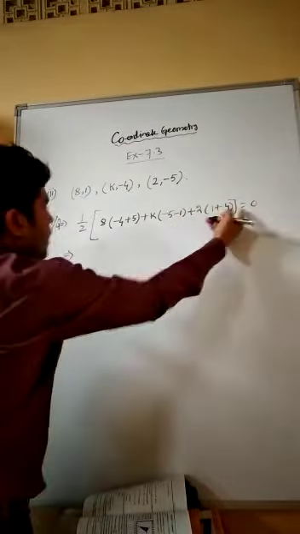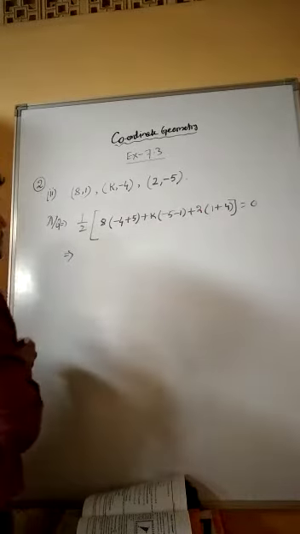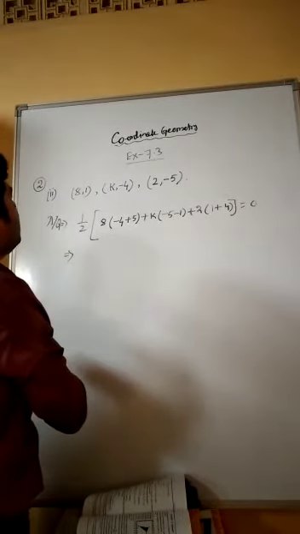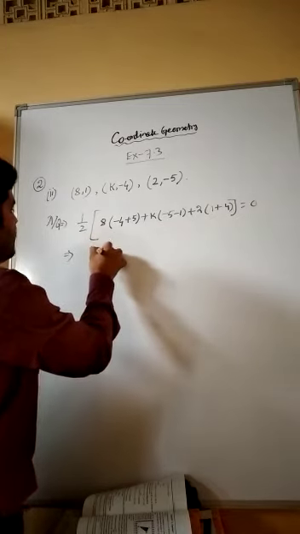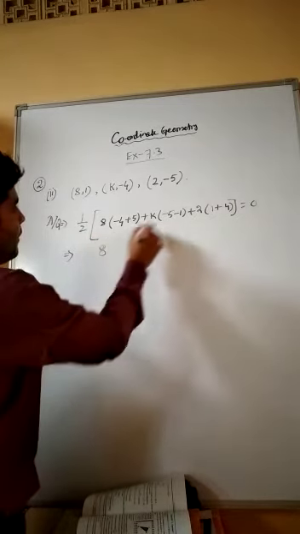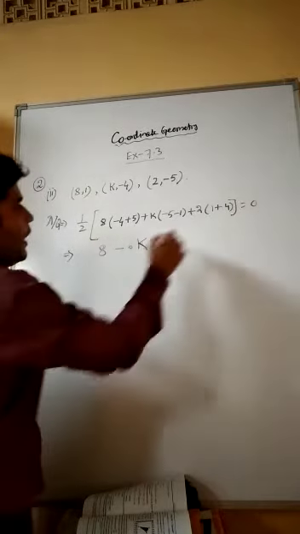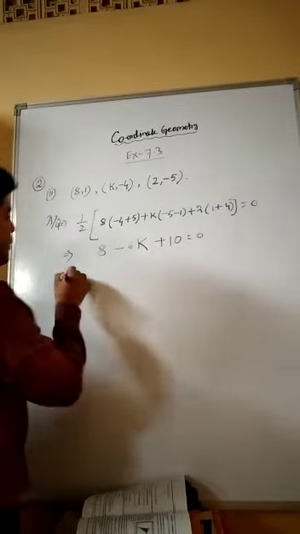As it is an equation, by cross multiplying, you see, 8, then minus 6k, and then plus 10 equals 0.